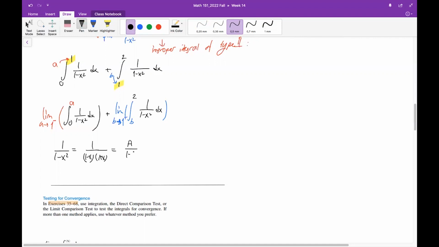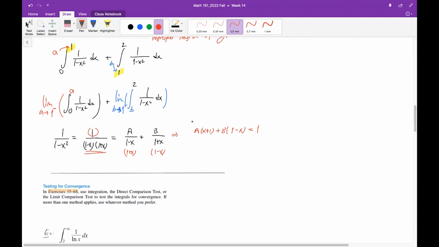It should be decomposed like this, a over 1 minus x, b over 1 plus x. And then you need to do these expansions to have a common denominator. Then what we have, a times x plus 1 plus b times 1 minus x should be just whatever you see on the left-hand side for the numerator.